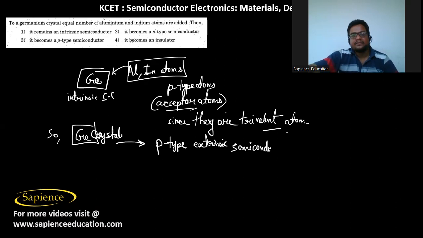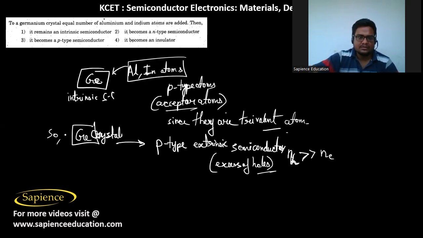Since here we will have an excess of holes, the number of holes will be much higher than the number of free electrons. So option 3 will be the correct answer.